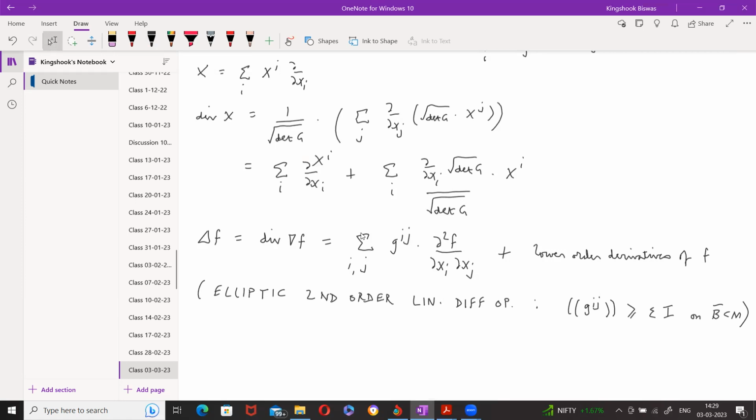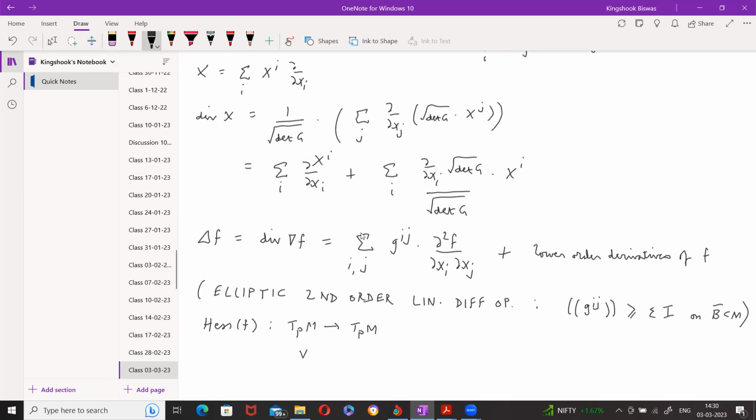I want to relate this to the Hessian matrix. The Hessian, remember, was a self-adjoint linear map from the tangent space to the tangent space, which played the role of the second derivative of f.